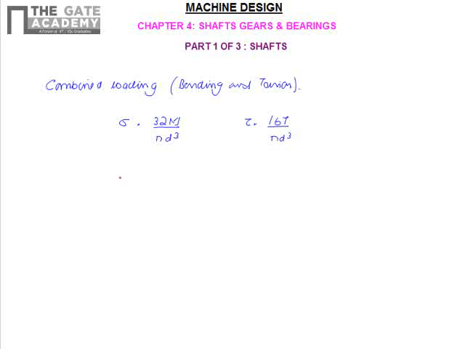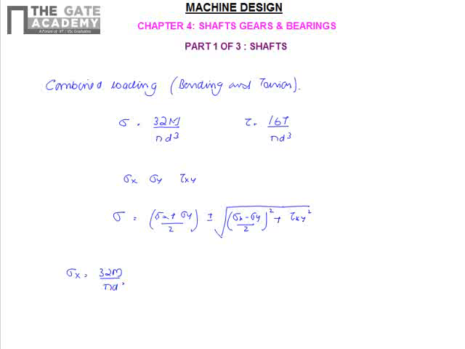By the principal stress theory, we know that if sigma x and sigma y are the nominal stress and tau xy is the shear stress coming in a component, then the principal stress is given as sigma x plus sigma y by 2 plus or minus square root of sigma x minus sigma y by 2 whole square plus tau xy square. So in our case we have sigma x is equal to 32 M by pi d cube and sigma y is equal to 0 and tau xy is equal to 16 T by pi d cube.